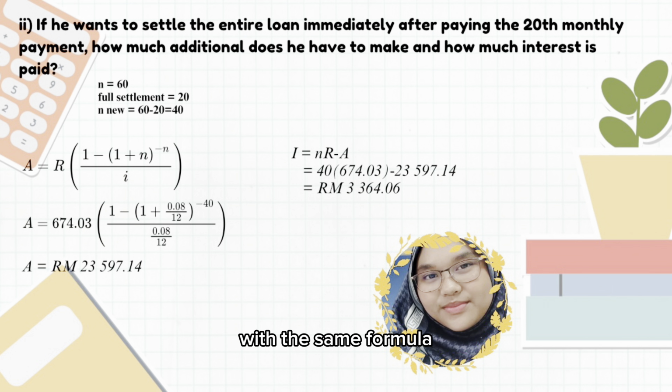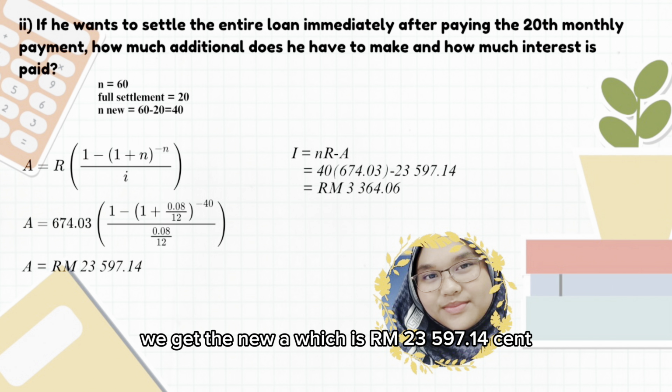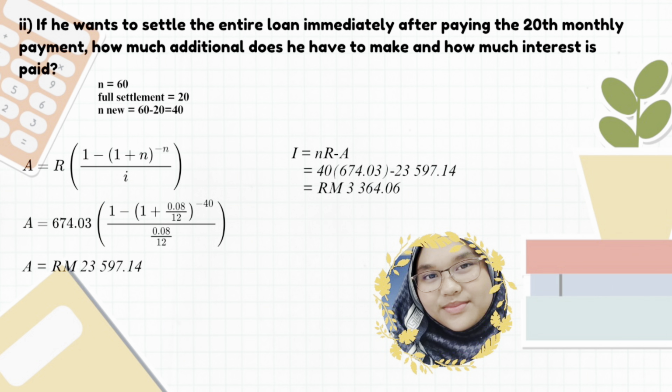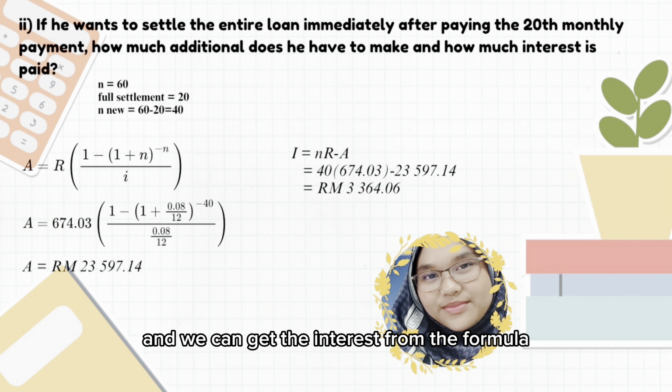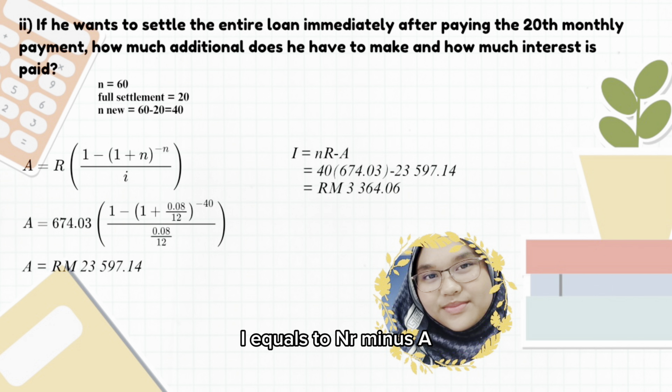With the same formula, A equals R in brackets 1 minus 1 plus I to the power of negative N over I, we get the new A, which is RM23,597.14. And we can get the interest from the formula I equals NR minus A, which equals RM3,364.06.